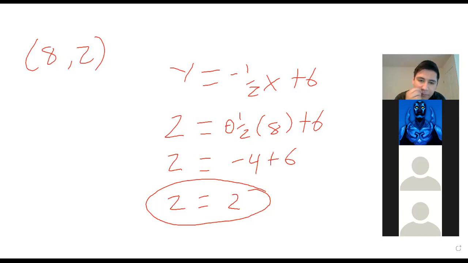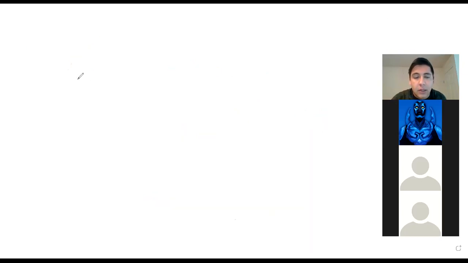So again, what does this tell us? Our two lines have a solution where they intersect at 8 and 2.